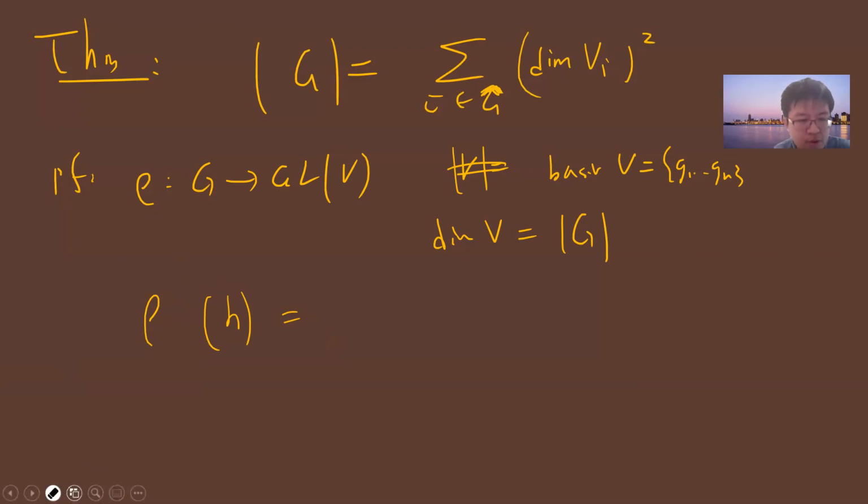Right, so I just denoted this by rho, because otherwise it's terrible. So I'm just using rho_g, and this is the regular representation. Rho_g acting on e_h, where e_h is a basis of V using h as a label, becomes e_gh. It just permutes the basis, okay?